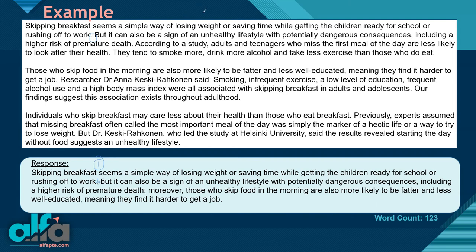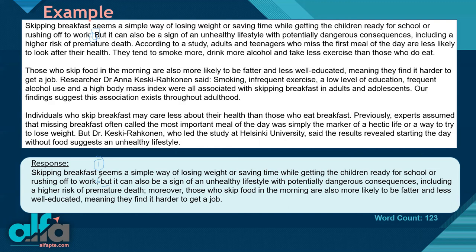Then I picked the second sentence. I continued, but it can also be a sign. As my connector is already present, I just removed the capital B and I put the small b, because you will not have a capital letter in the middle of a sentence unless it's a proper noun, like somebody's name or a country's name or a city's name.